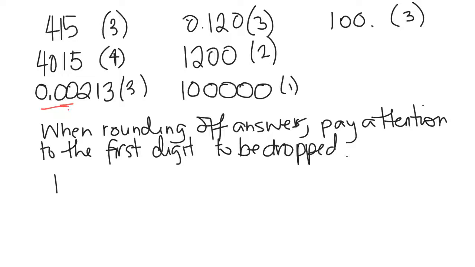So if I have 12.623 and I want my final answer to have 2 sig figs, which numbers am I going to have to keep? Which one is the one that's going to be the first one to be dropped?